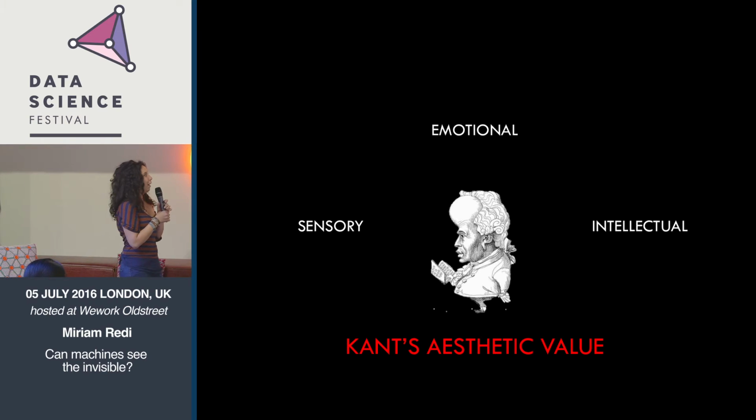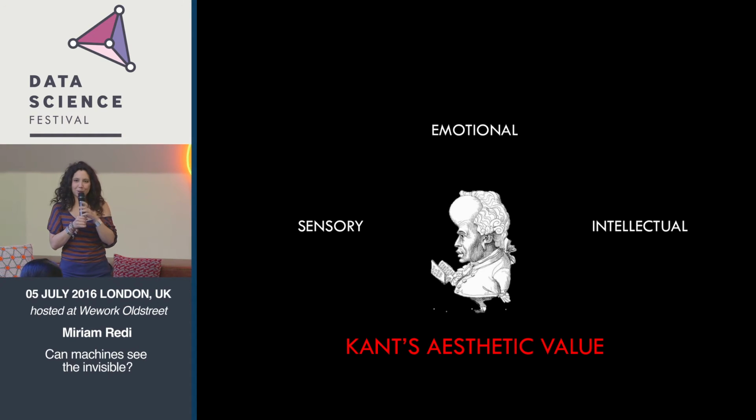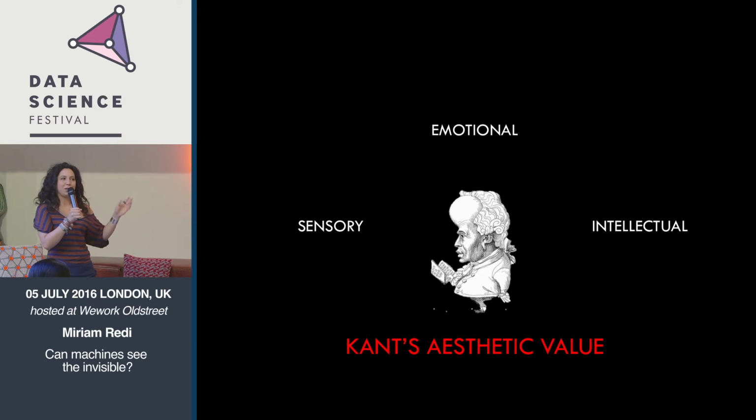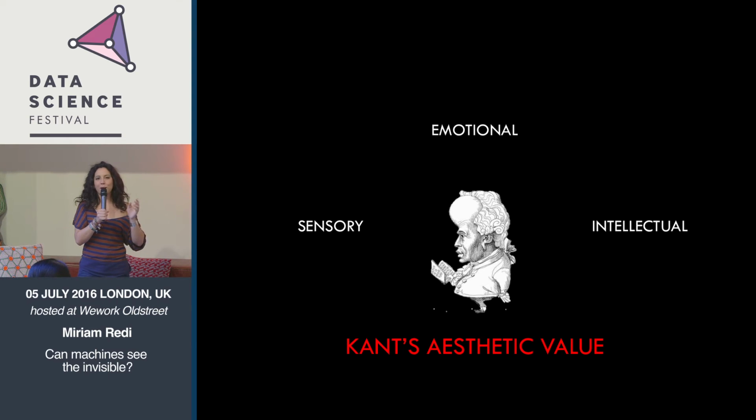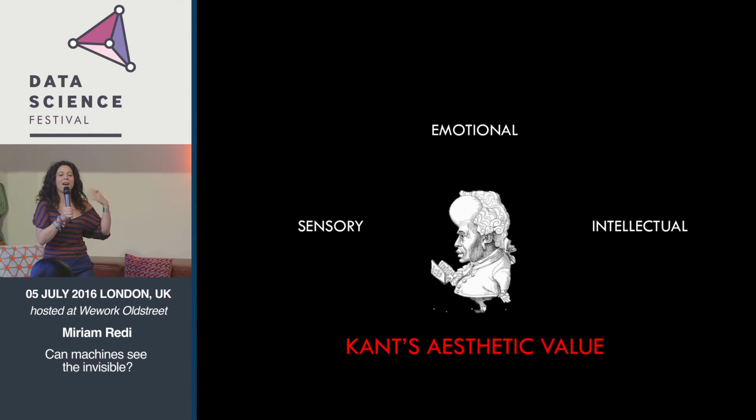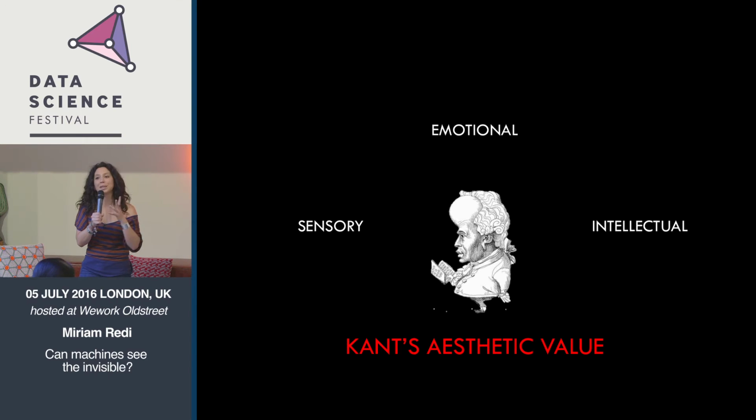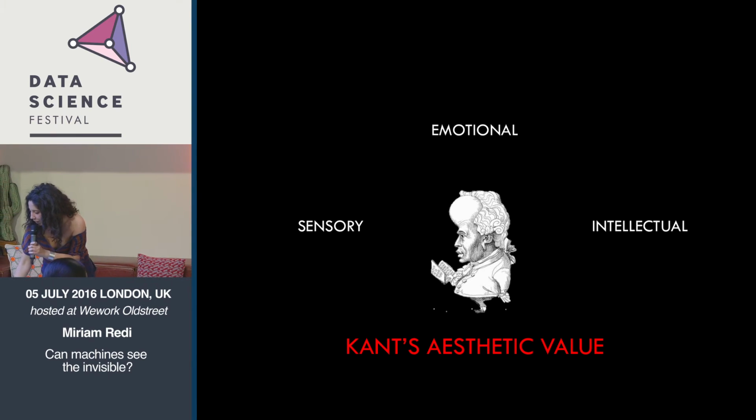I'm not going to get into these details because you would need many more beers, I think. But basically, Kant was the only one providing to computer scientists a definition of artistic value that was divided into mutually exclusive and finite categories. So we were very happy because, remember, we have to teach a machine, so we need simple definitions and simple things.